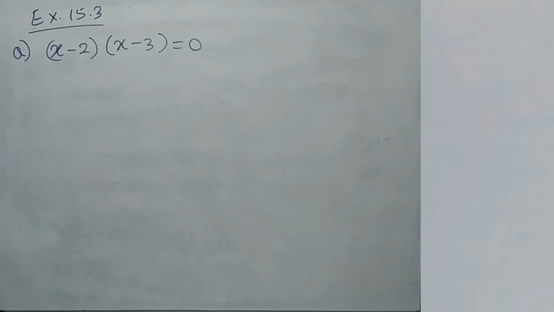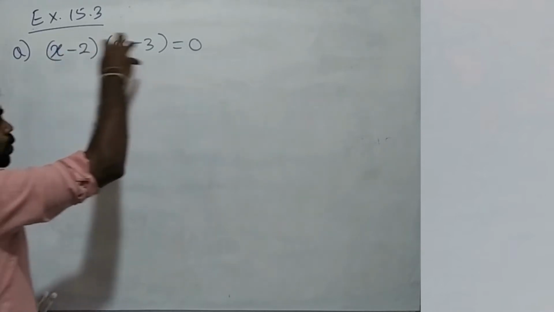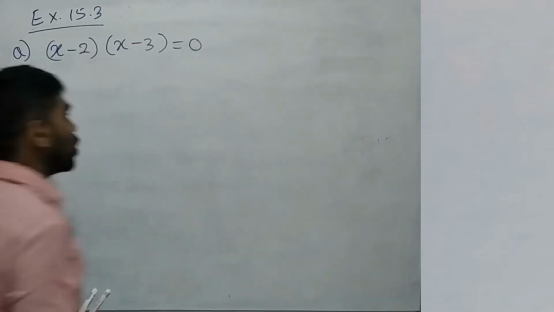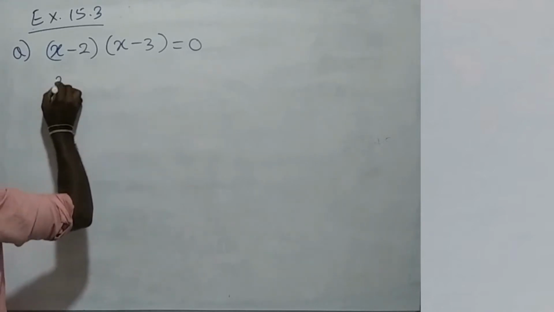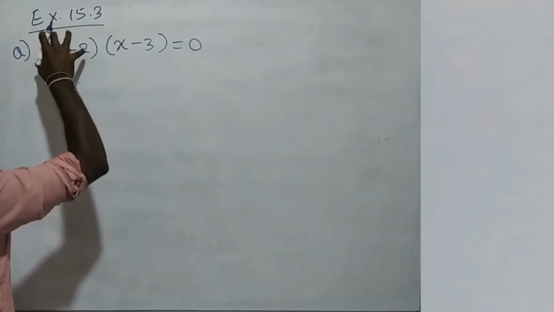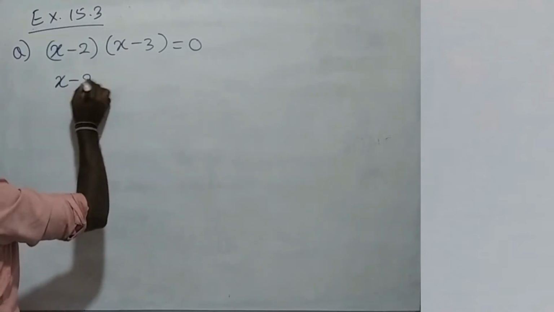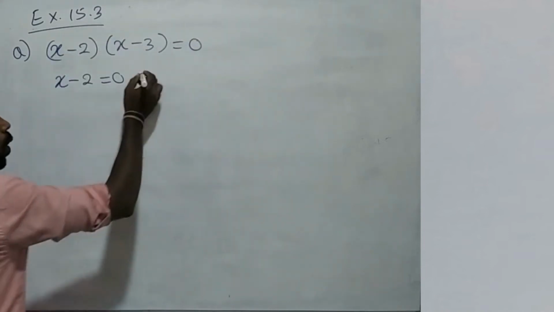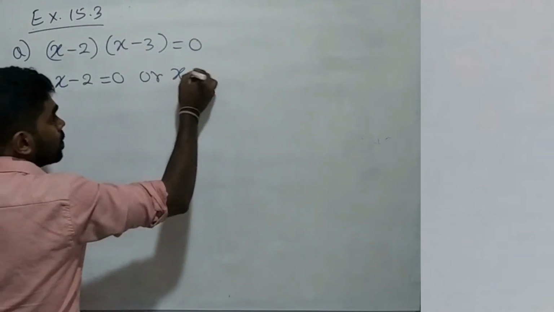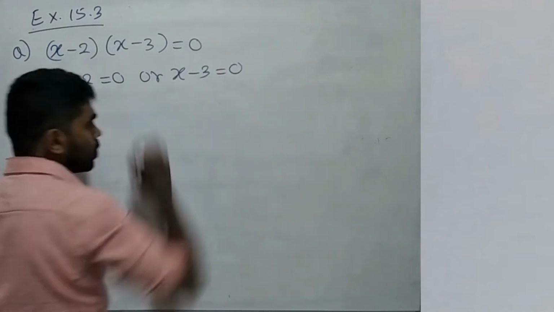There is a product. The product of two terms is 0. Then according to the theory of quadratic equations, we can equal the first term x minus 2 to 0, x minus 2 equals 0, or the second term x minus 3 equals 0.